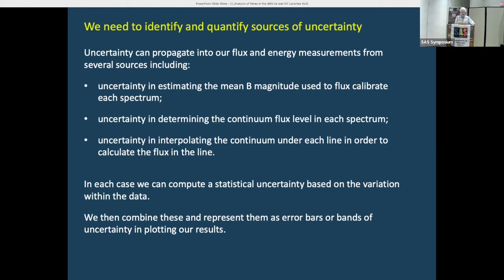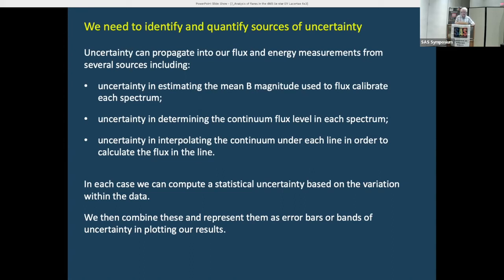And that gives us a handle on just how well we're measuring continuum flux as a parameter. And then when we get to measuring the flux in a line, because we're interpolating across under the line from the continuum at the side, there's an uncertainty in how we're determining that continuum.